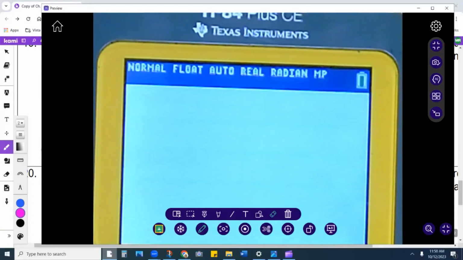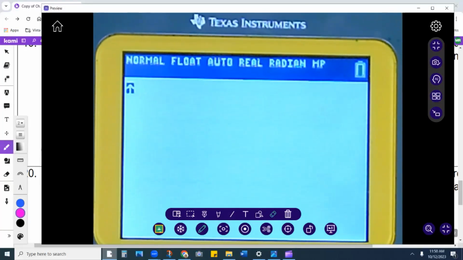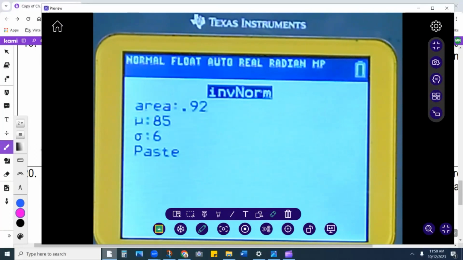So, let me get that. My area is 0.16, my mean is 63, and my standard deviation is 4.